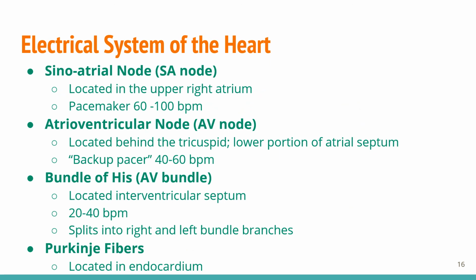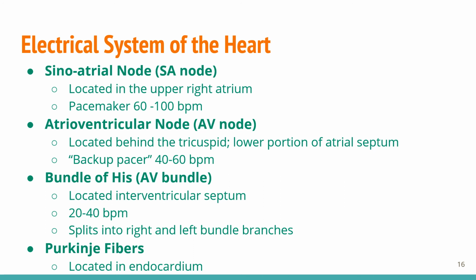Here is what I was talking about in more specifics. We have, again, the SA node, which is in the upper right atrium, and that pacemaker sets our normal heart rate at about 60 to 100 beats a minute. That's kind of the boss of the heart. You want a healthy right atrium and a healthy sinoatrial node for your heart to function properly.